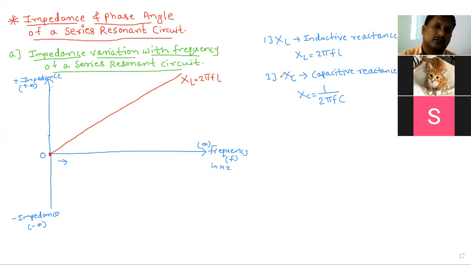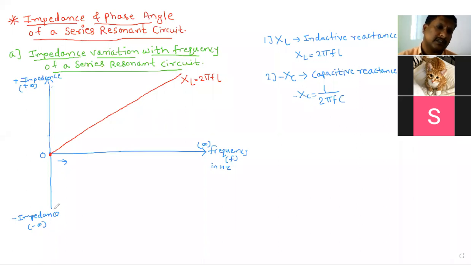Actually, we are taking a minus, so minus we can take. As minus is there, obviously the negative value will be there. So when F is equal to 0, what is XC? 1 upon 0 means infinite.